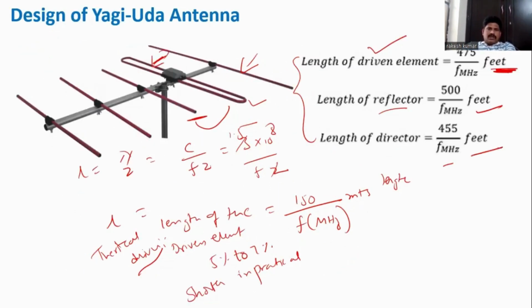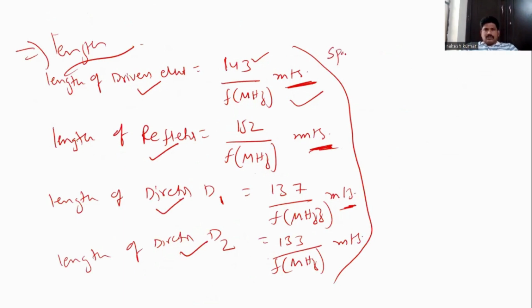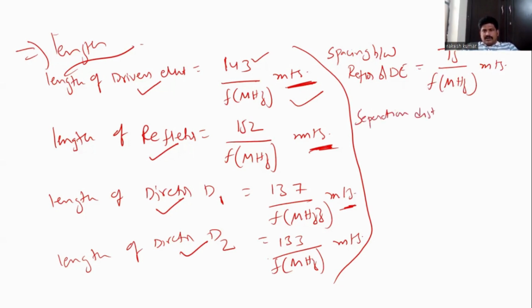What should be the spacing between the reflector and the driven element, and between the driven element and the directors? The separation distance between the reflector and the driven element, or dipole, is given as 75 by F megahertz in meters. Similarly, the spacing between the driven element and director D1 is 40 by F megahertz, also in meters.